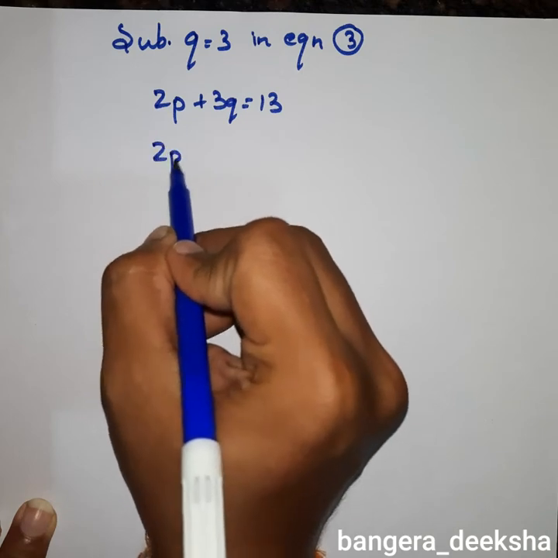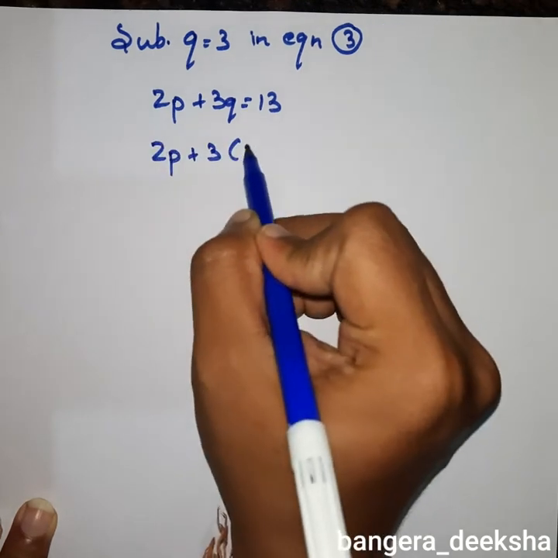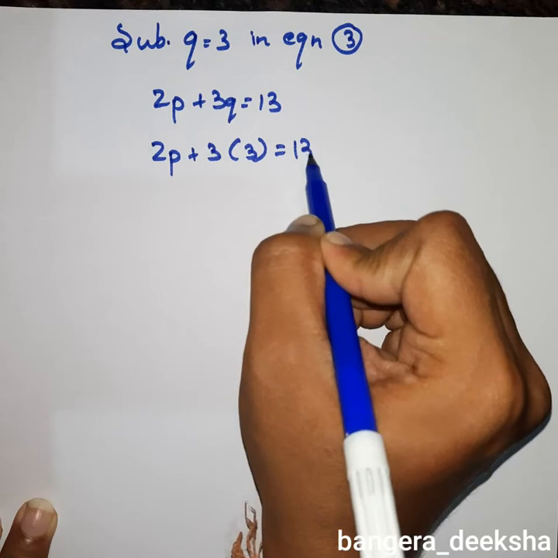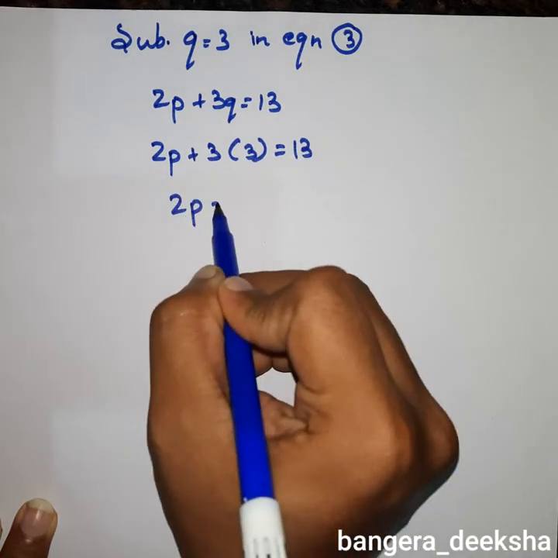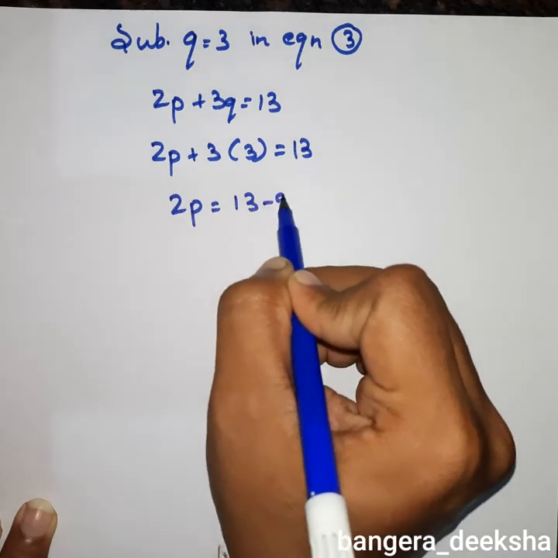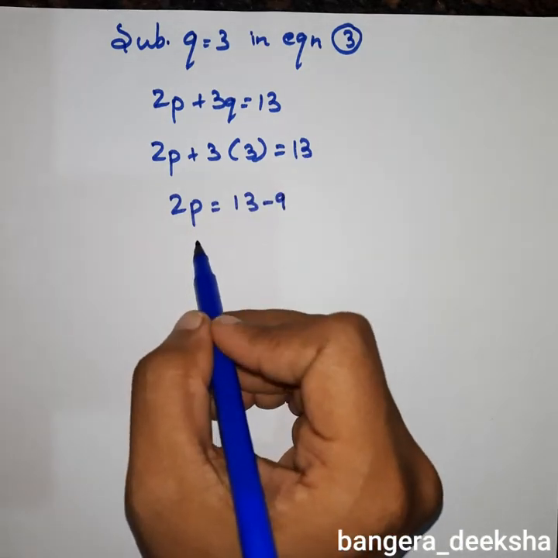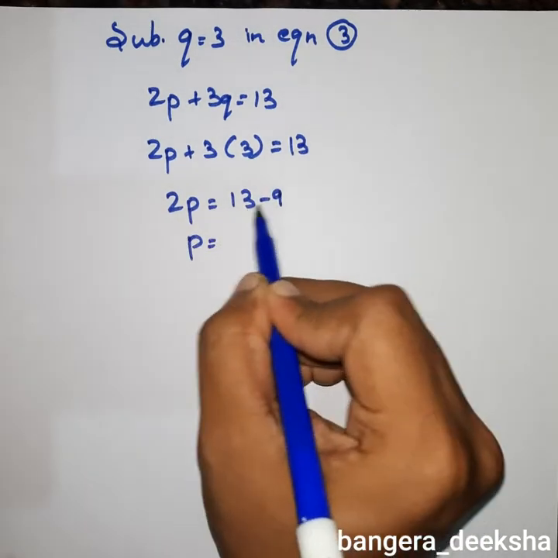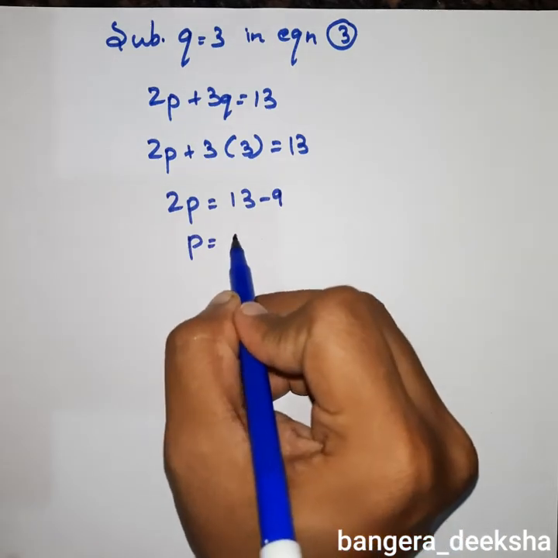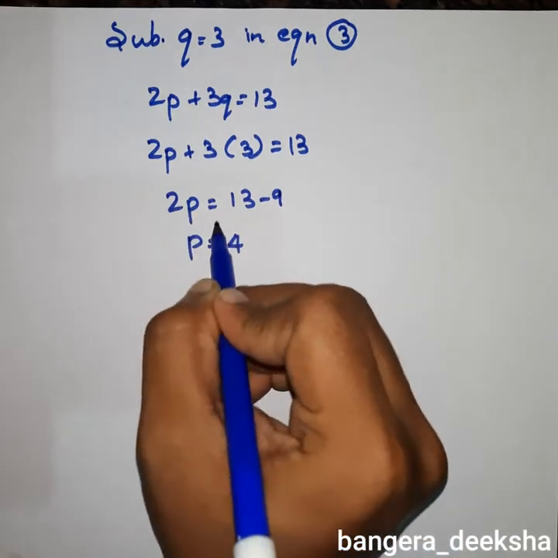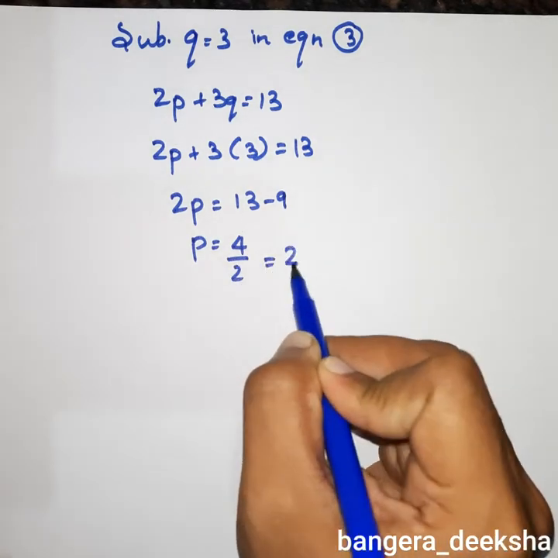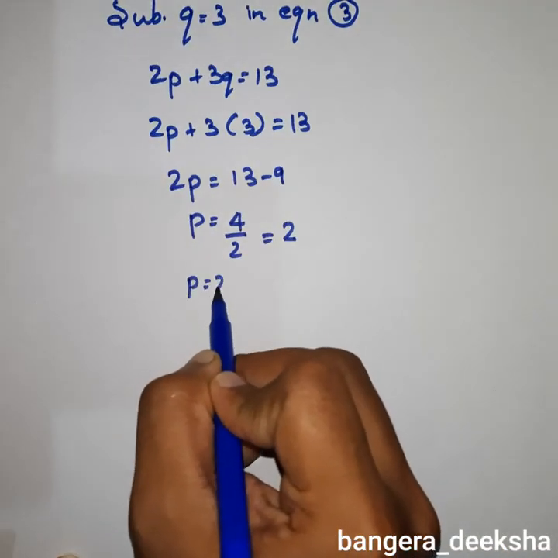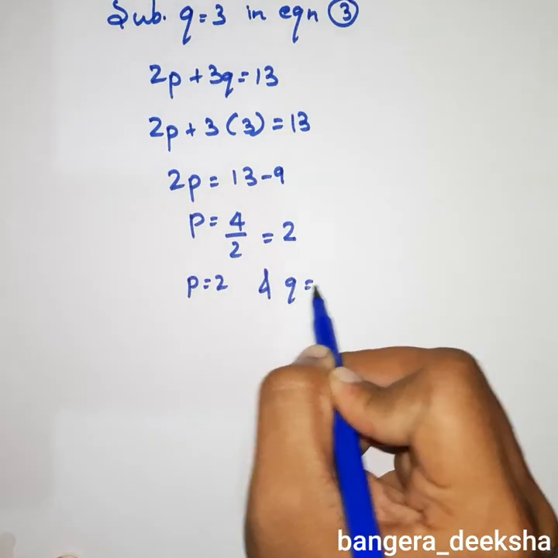So I'll get 2P + 3 into 3 is equal to 13. So I'll get 2P = 13 - 9. P is equal to 13 minus 9, which gives you 4, divided by 2, that is nothing but 2. So you'll get P = 2 and Q = 3.